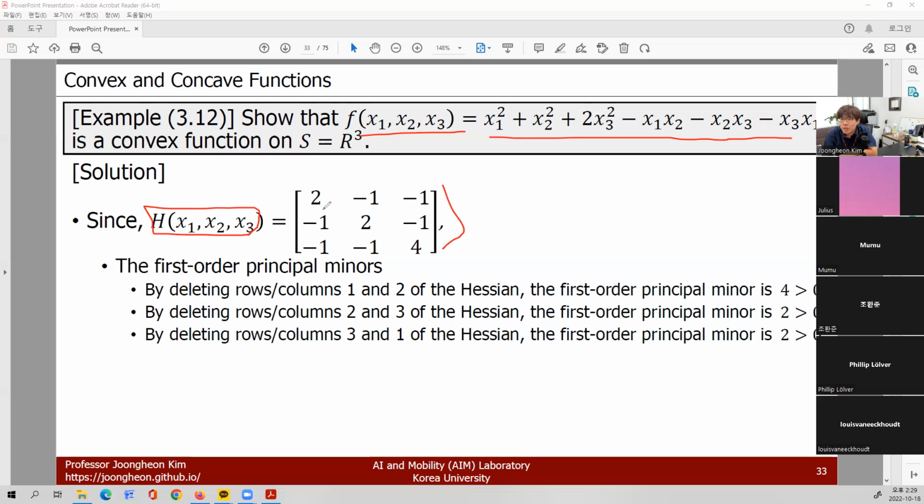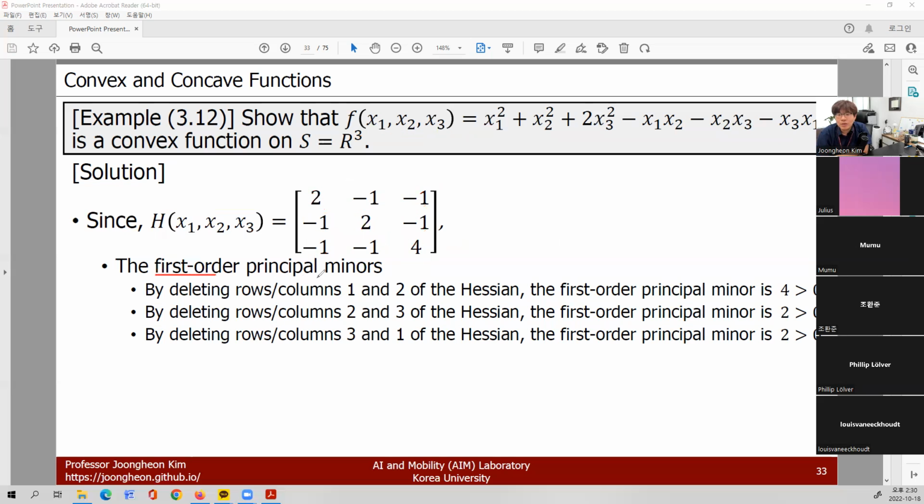So you take the partial derivatives with respect to x1, x2, and x3 in every combination, and then you can get these values, right?